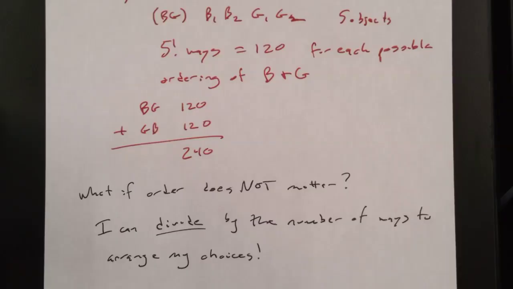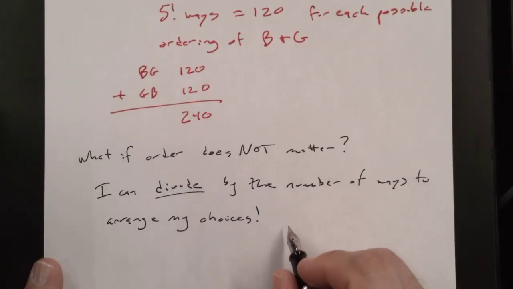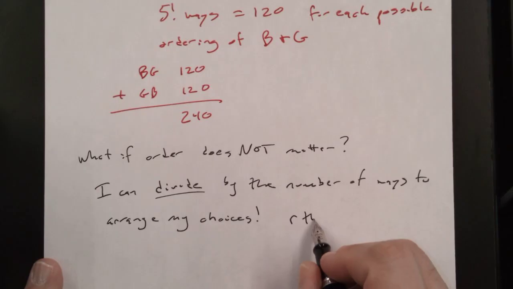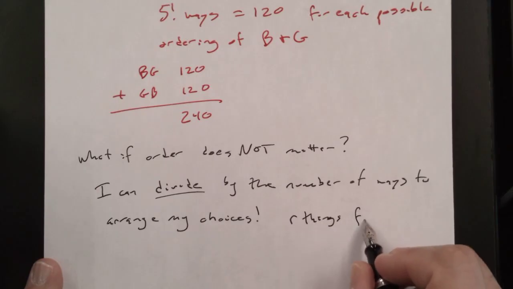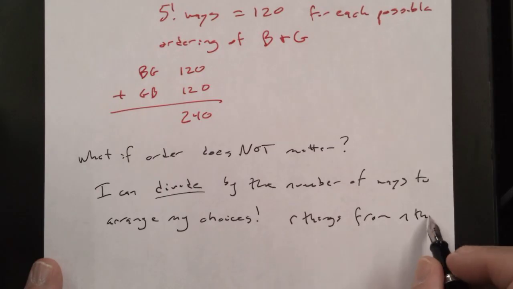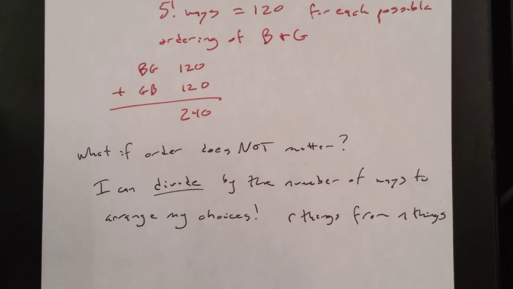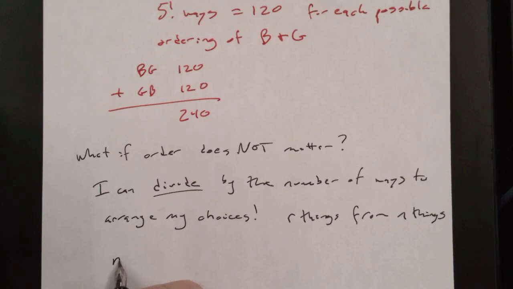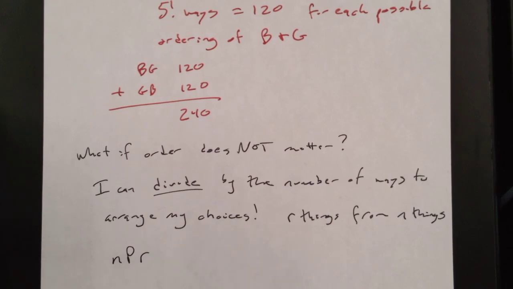I can take out of r things, I'm sorry, r things chosen from n things. When the order mattered, we did nPr, right? But now I don't care about the order of the r things. So I'm going to divide this by r factorial.